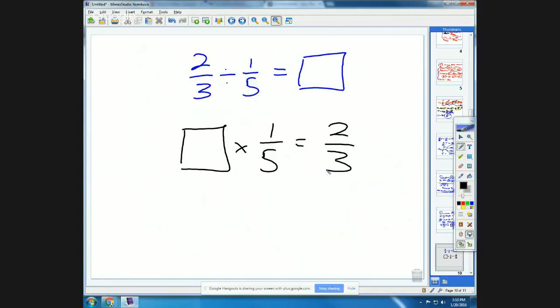And see if you can build what you need in this box to get an answer. So you give it a try, and then I'll have you help me do it.